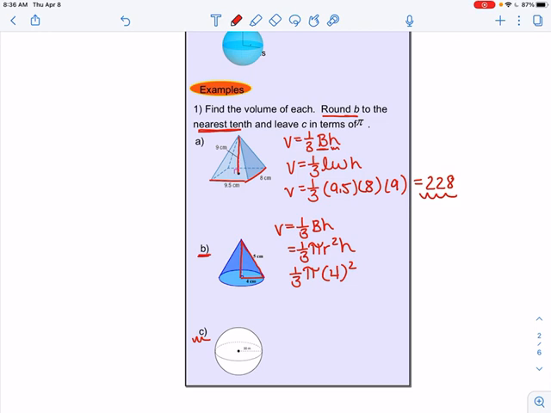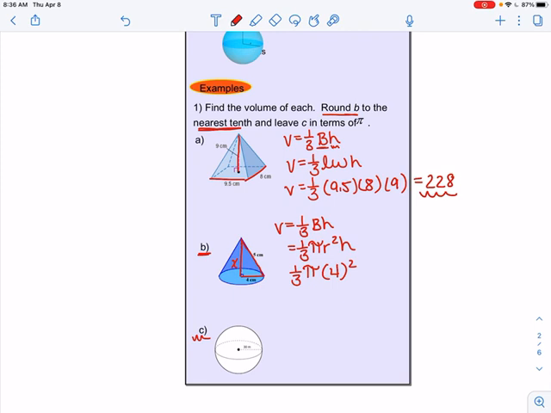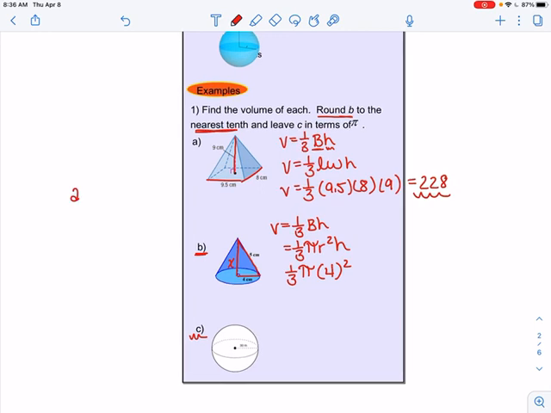So the first thing I have to do before I can plug into the formula is separately use the Pythagorean theorem to find the height of that cone. Pythagorean theorem is a squared plus b squared equals c squared. The only thing that matters is what's going in for c.